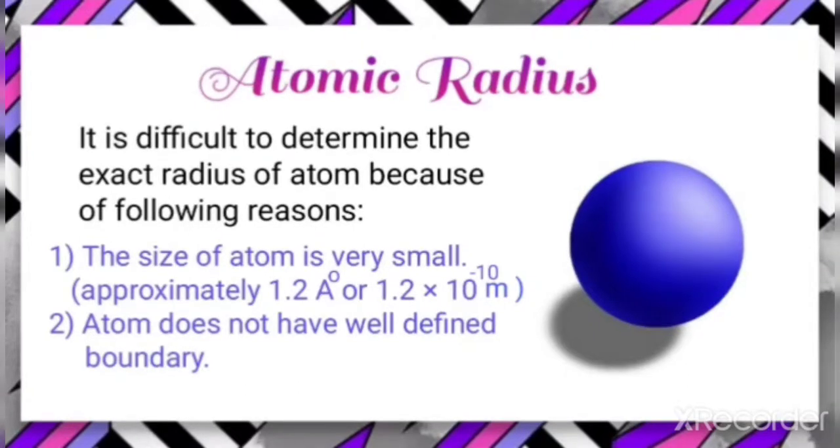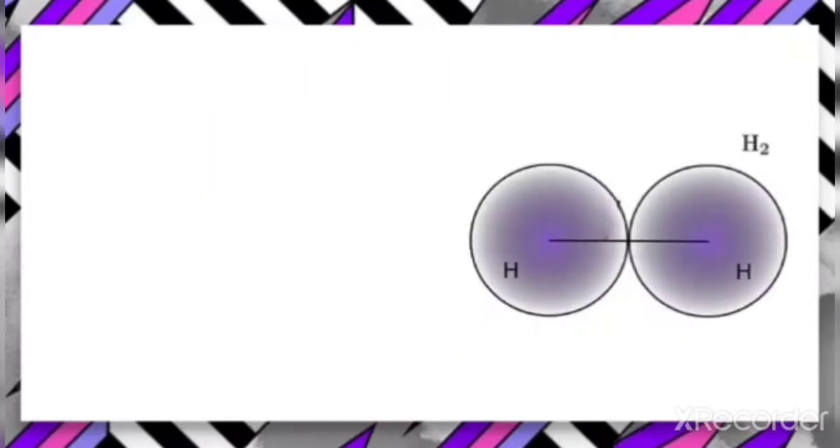In order to solve this problem, the approximate radii of atoms can be determined by measuring the distance between the centers of two neighboring atoms in a molecule. Compared to the size of an atom, the size of a molecule is bigger.